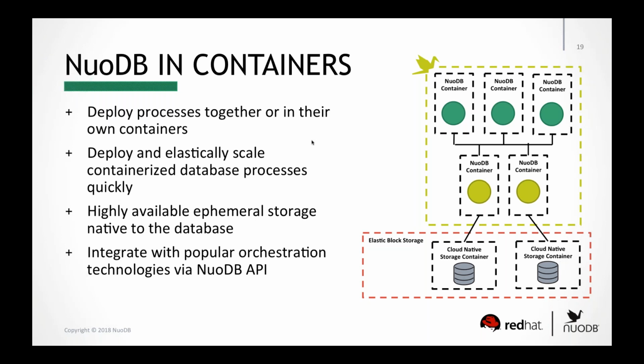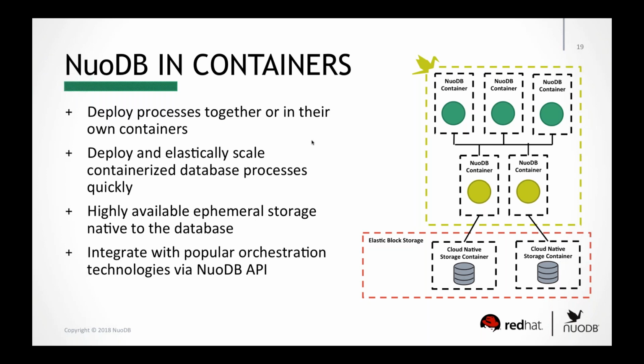Why is it compelling? Well, because if we containerize NuoDB, the database service is not delivered by a single container. If you step back for a second, with a traditional database like Oracle or MySQL, you have a container which contains the entire database, and then probably you want a standby container which will be active in case the primary goes down.